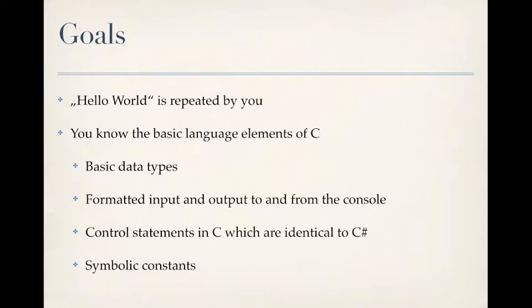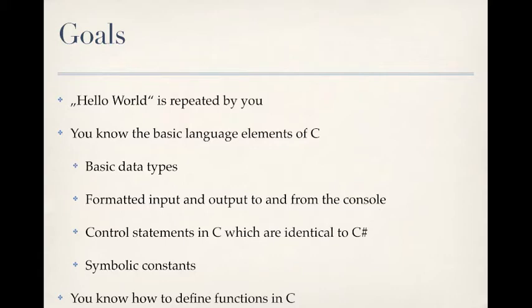We will see all the control statements which are basically identical to the ones you already know from C#, and finally we'll look into how to define symbolic constants in C. And finally we will go into the parts of how to define functions.